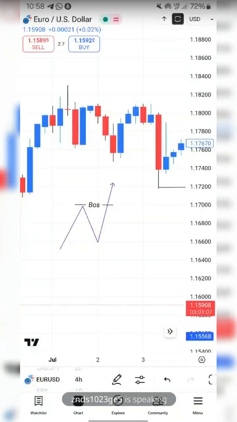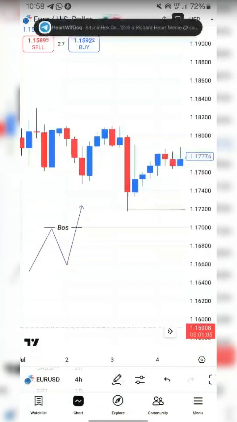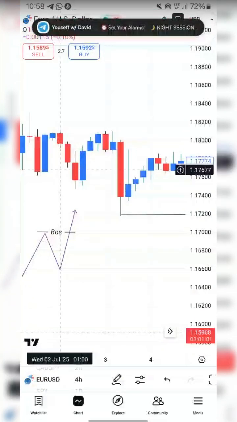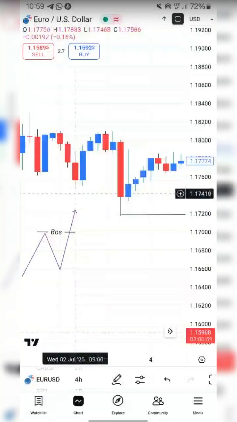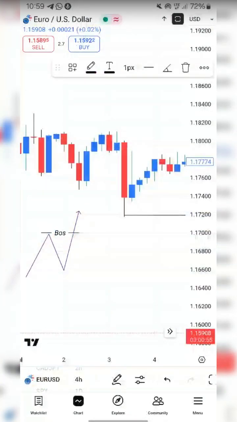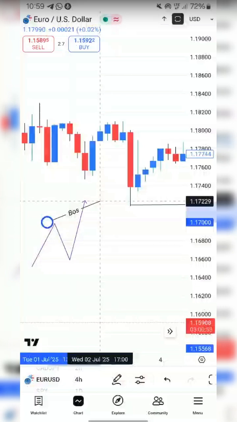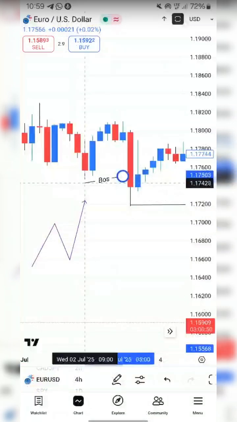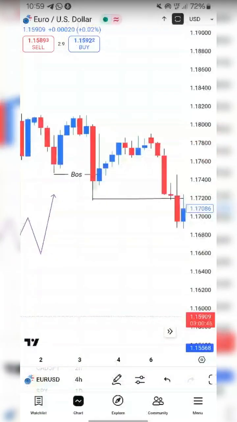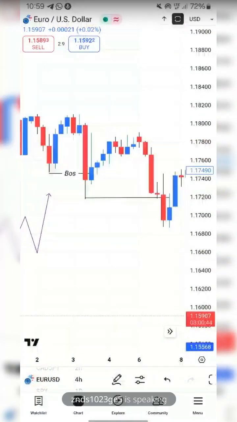Yes, I understand. So that's what makes this point a break of structure, because this candle broke below this particular candle here. You understand now, Abi? Yes.